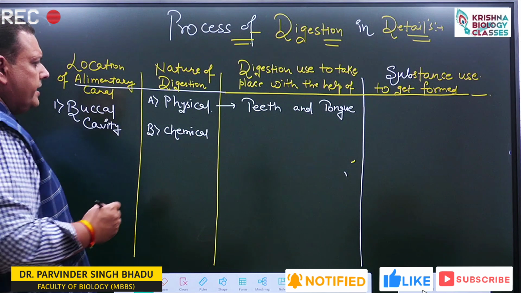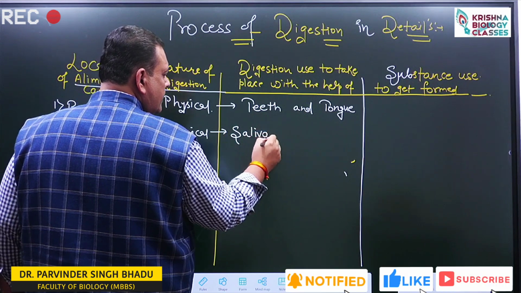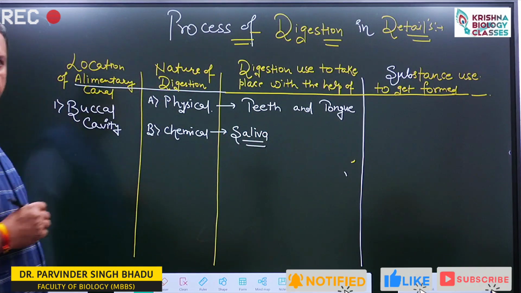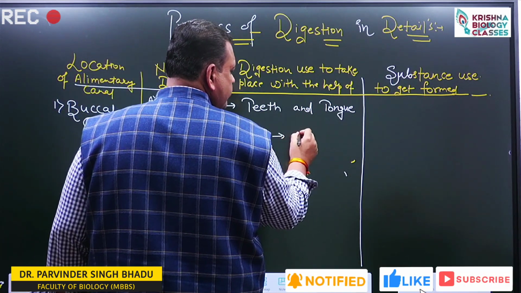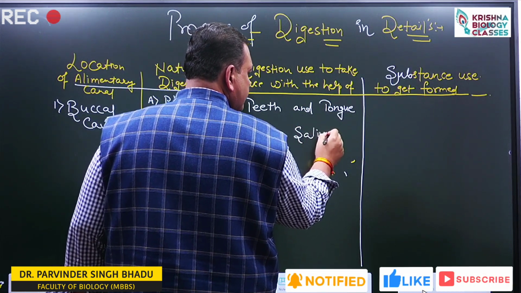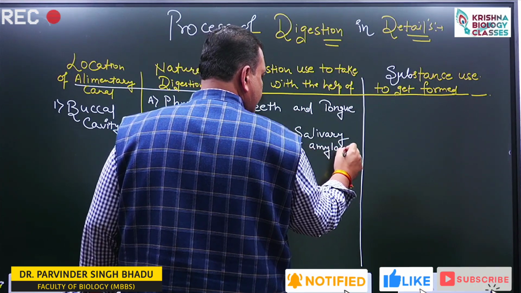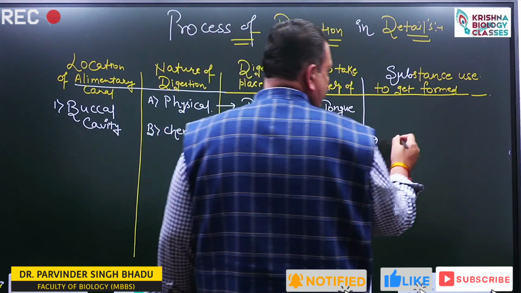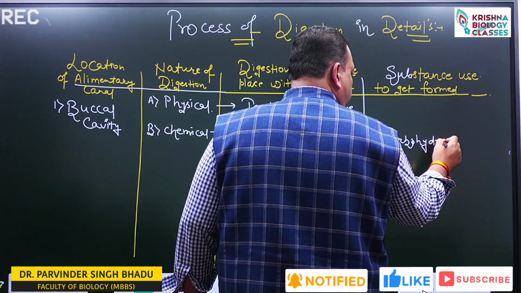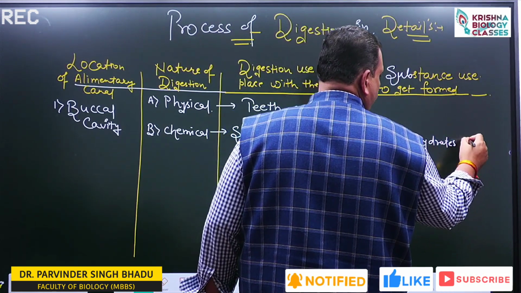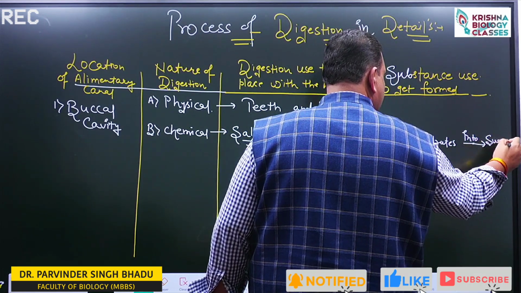So the chemical digestion also takes place inside the buccal cavity with the help of saliva, and it contains salivary amylase, which converts carbohydrates into sugar.